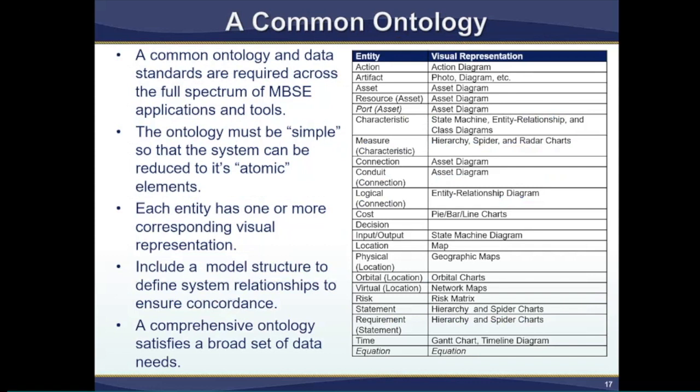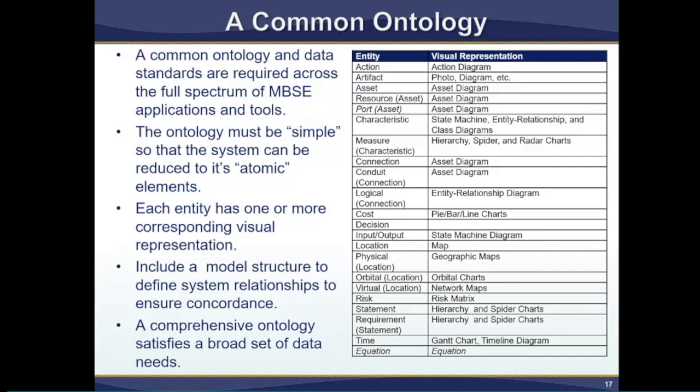I think the ontology is something that we need to work not only in SysML 2.0, but as a whole within the systems engineering community. What are the terms, and what do those terms mean, and how do we represent those terms in systems engineering? What are those fundamental things that we have to worry about in systems engineering? And it should all be in our vocabulary as we go forward as systems engineers.